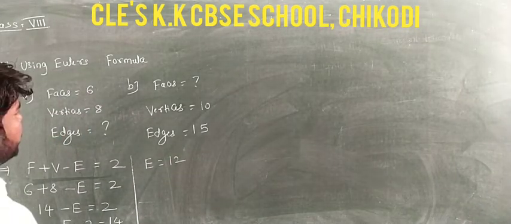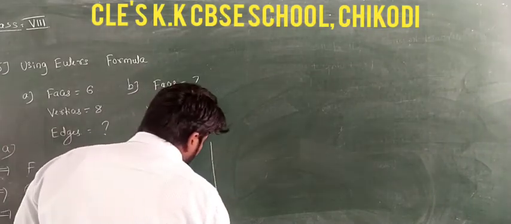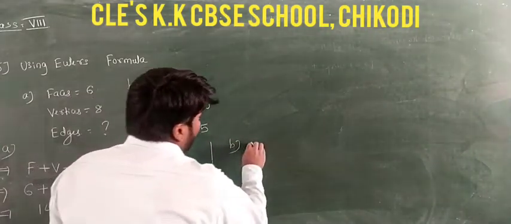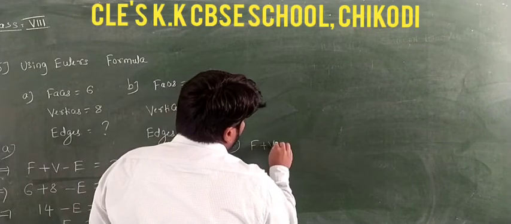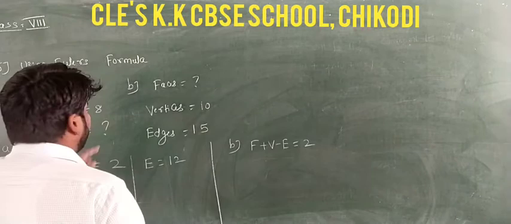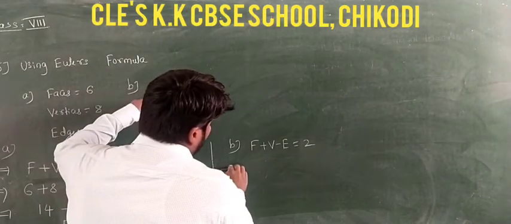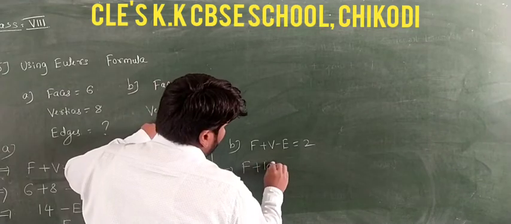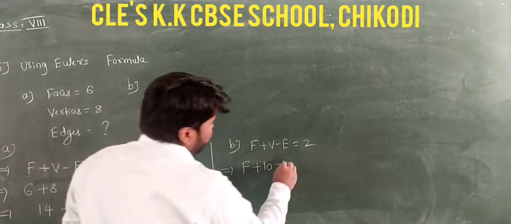Similarly for B, I will write Euler's formula, f plus v minus e is equal to 2. Here f is faces, which we need to find, so f stays as it is. Vertices they have given as 10, and edges they have given as 15.